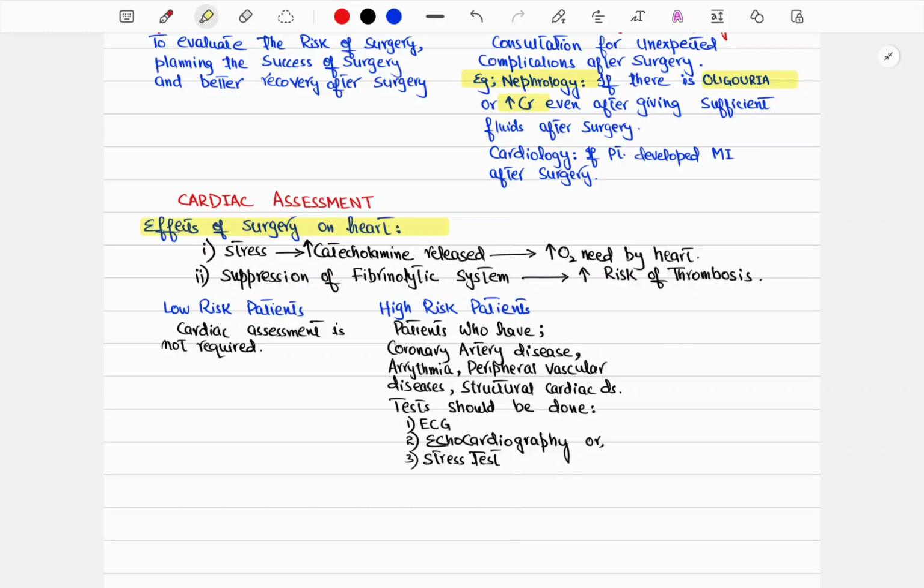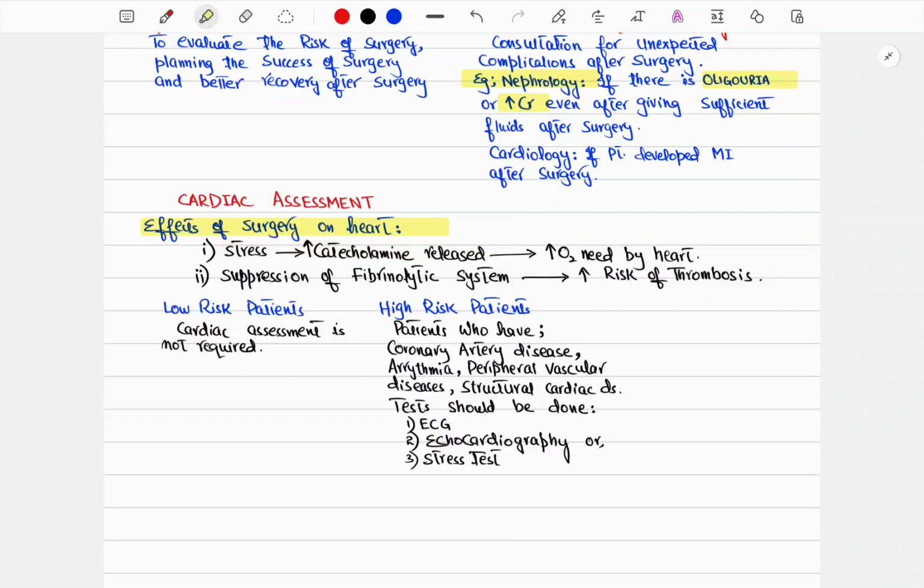During surgery there is stress and increased catecholamine release, and this catecholamine release increases the oxygen need of the heart. The heart needs more oxygen during the surgery. That's why we give the patient an oxygen mask during the surgery.